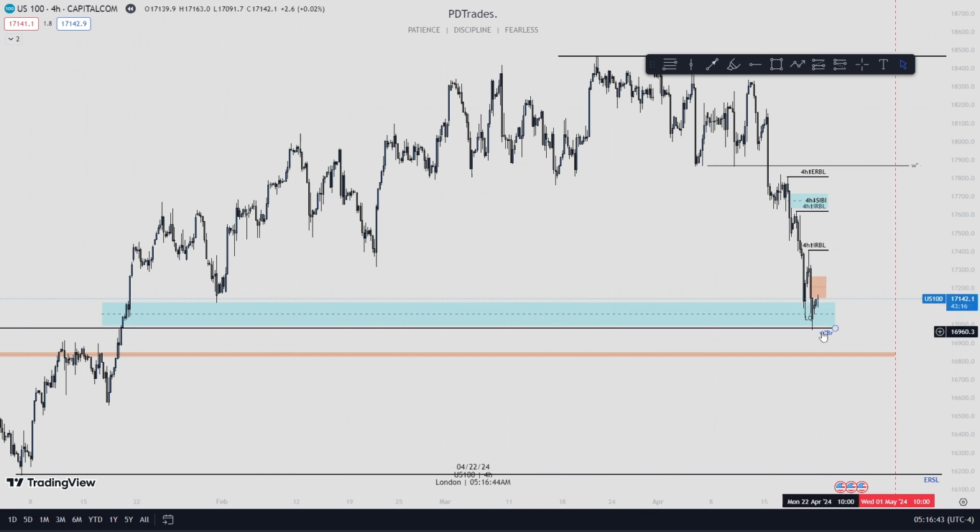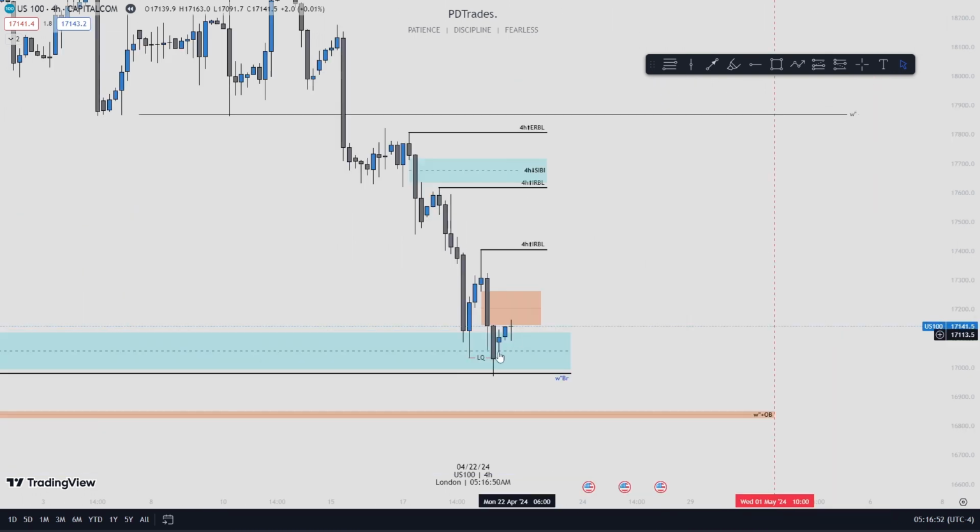So now the 30th January, 31st January low on Nasdaq did what? It was raided. You see that? So since I've seen SMT, in my mind I've gotten an idea that the market may want to retrace here. Not necessarily reverse, but retrace.